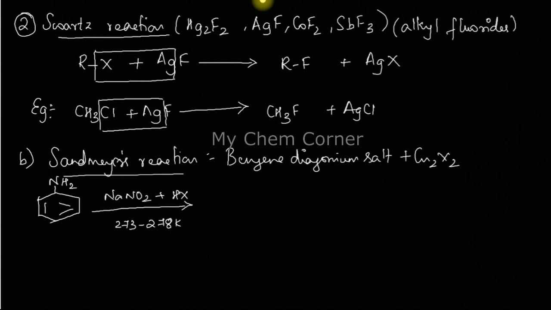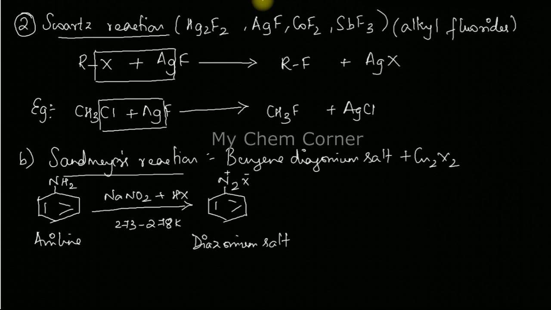When I have this, what will happen? The amine group that is there on the benzene ring will get converted to a diazo group. So this is aniline, and the product that you have here is a diazonium salt. Now, this diazonium salt you can take and do a lot of reactions to replace that group on the benzene ring.